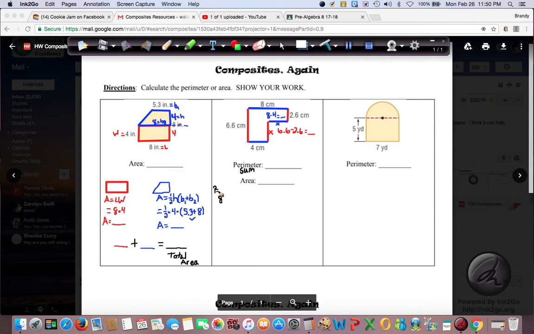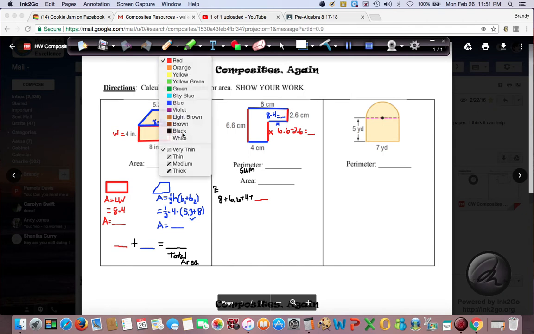Perimeter equals 8 plus our 6.6 over here, plus the 4 at the bottom, plus this answer, this missing piece, plus the other missing piece, this guy right here, plus our 2.6, this section right here.